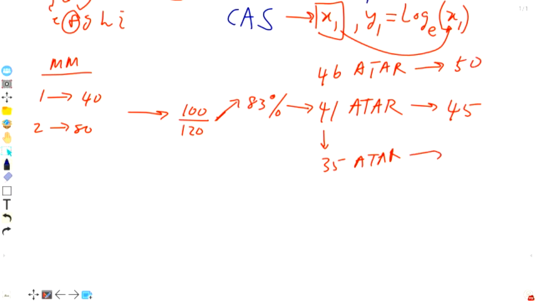If you get this, your ATAR will be 39. Because this is a scaling up subject. In Biology, 41 will be 41, maybe 1 up. In Further Maths, 41 will be 39, maybe 1 or 2 down. So, don't do Further Maths.